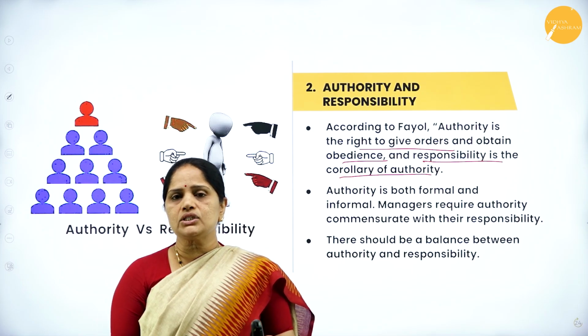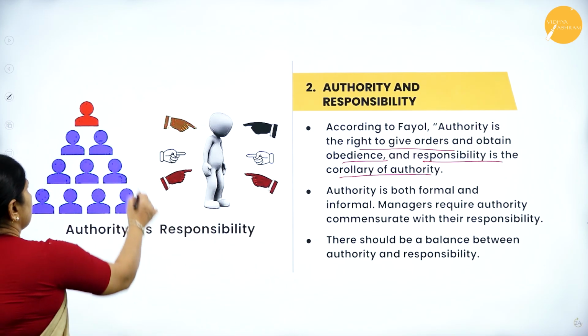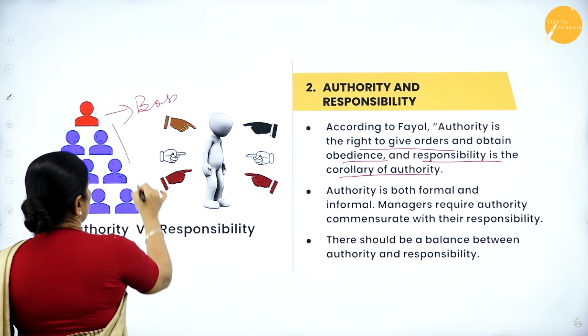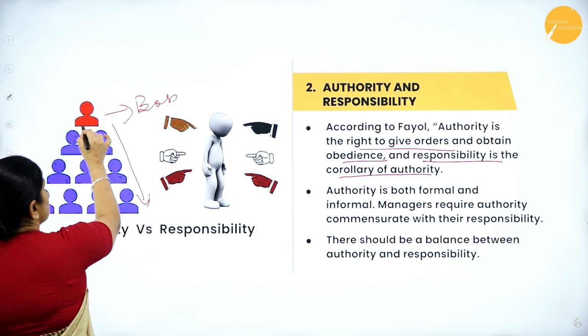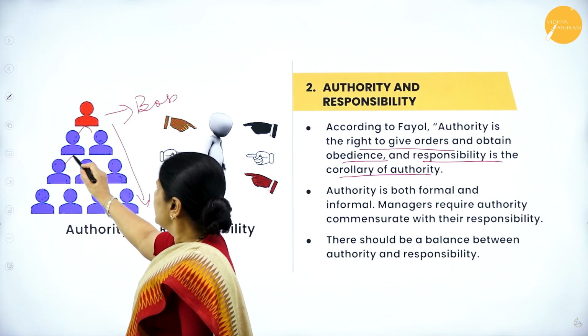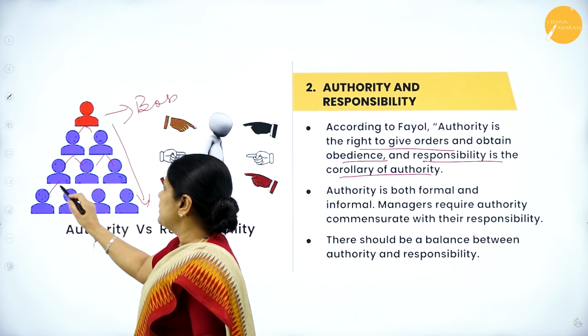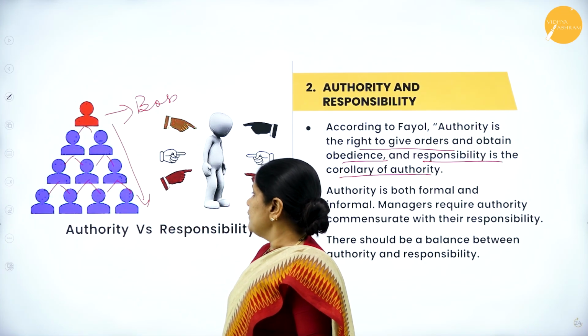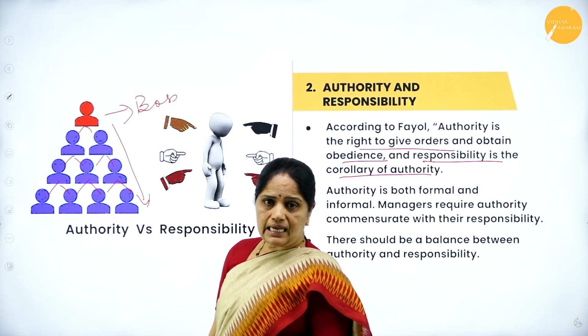If you see here, there is one boss and he has the authority to give orders to all these people. He can give orders to these two people and they will give orders to these three people, and we can see that there is a hierarchy of authority running within the organization.